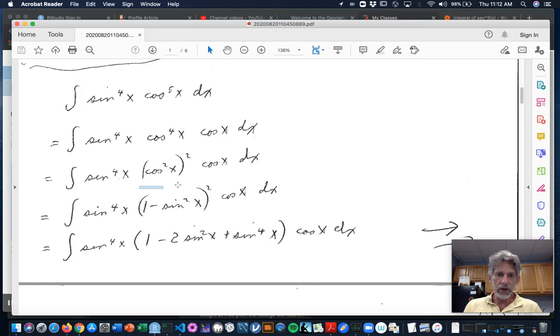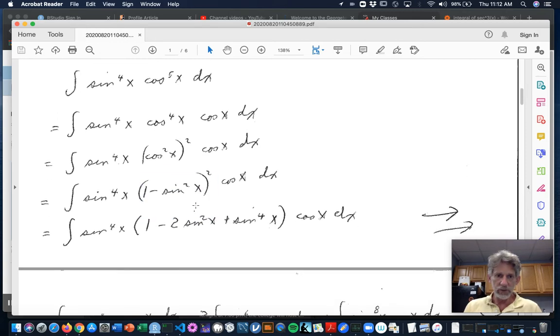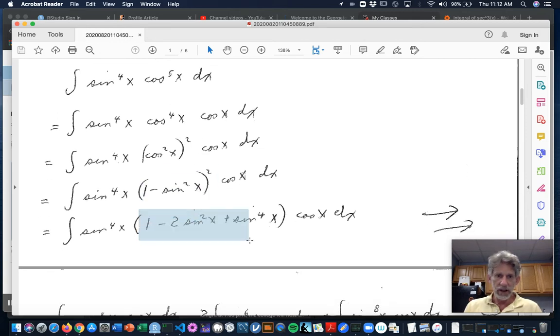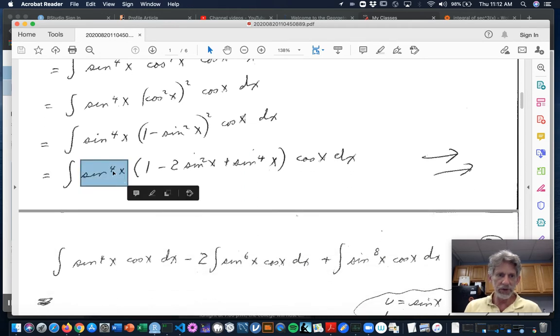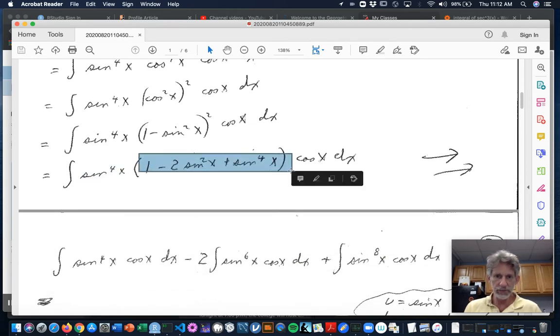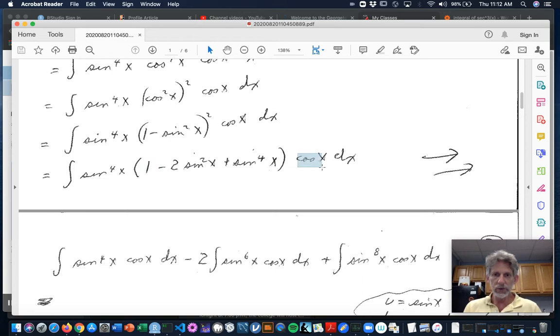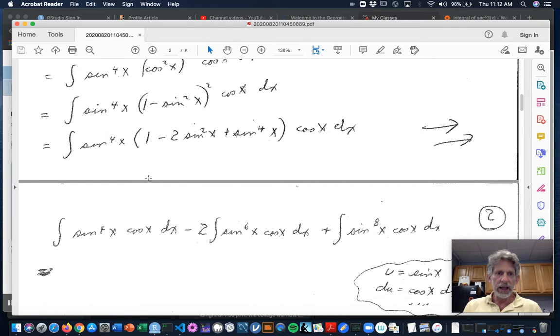I can then square out 1 minus sine squared, squared. And I can multiply through the sine to the fourth x into this. Also, multiply in the cosine of x into this. And I'll end up with a lot of terms. I'll have a sine to the fourth times this 1, and also a cosine x times that.